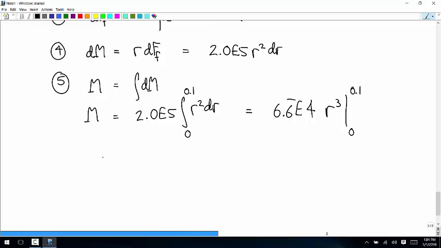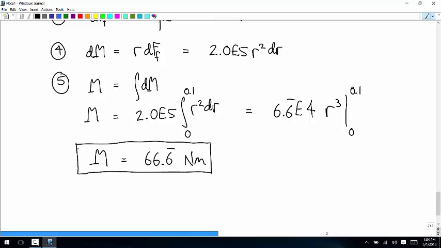So the total moment is 66.6 repeating newton meters. So if you apply a bigger external couple than this to that cylinder, it'll start to rotate.